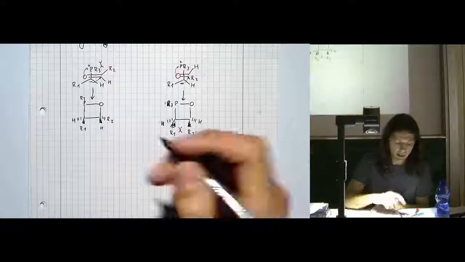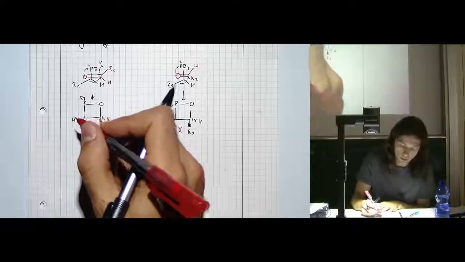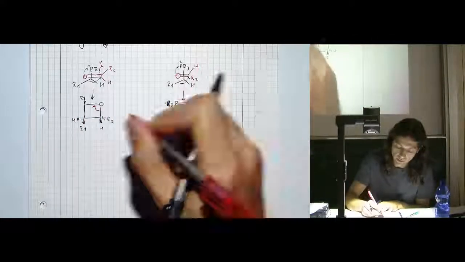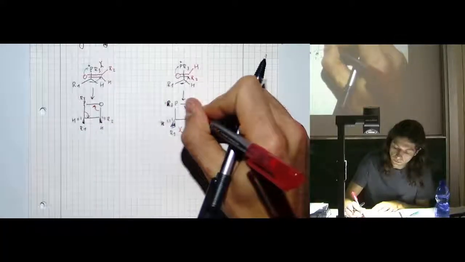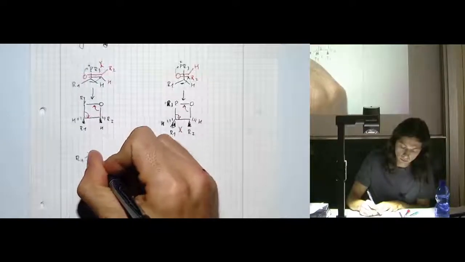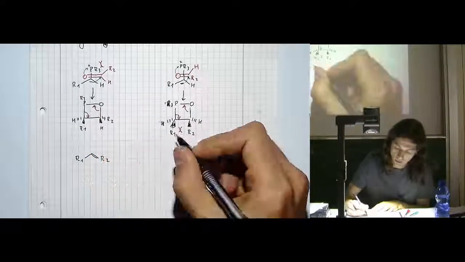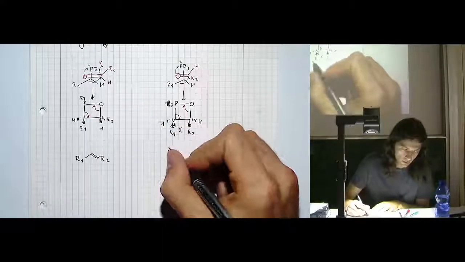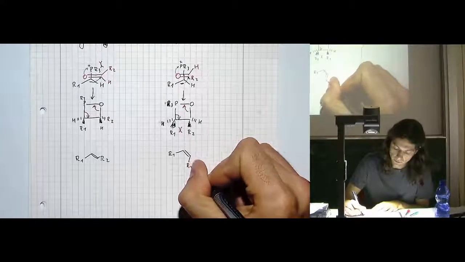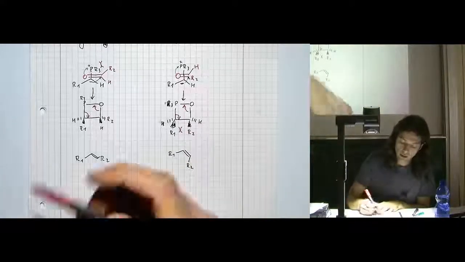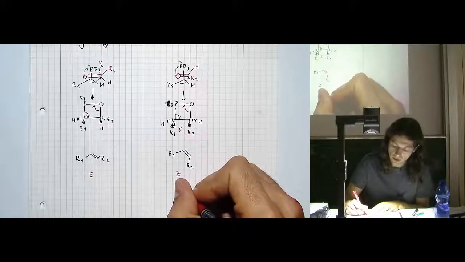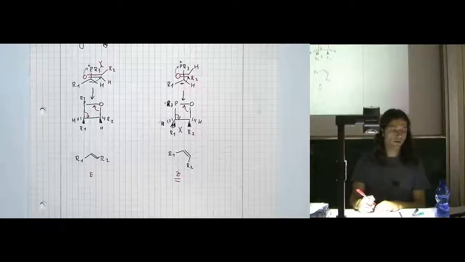Okay, but finally, the final step, the rearrangement of this derivative gives rise to the E or the Z, this being the mature product.